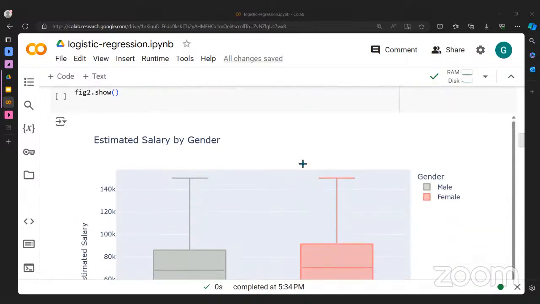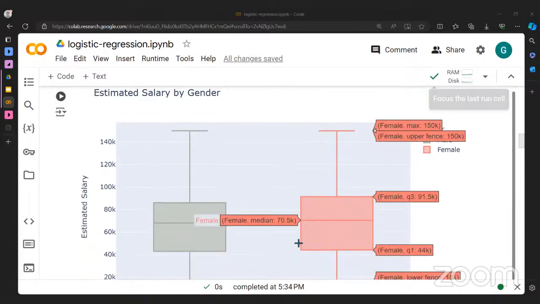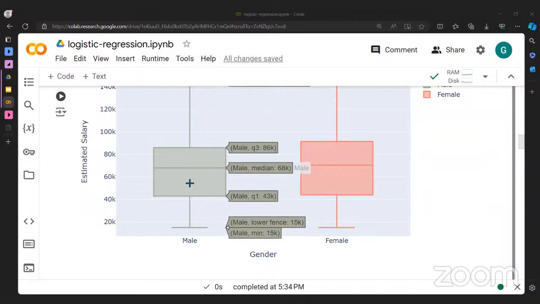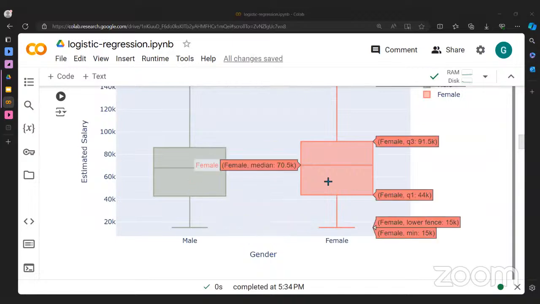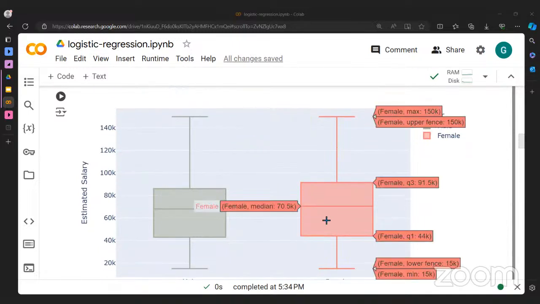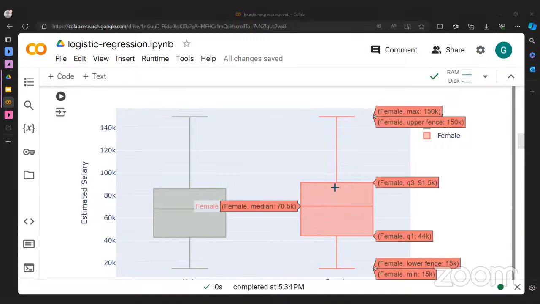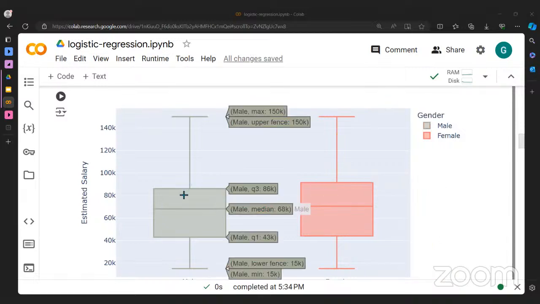We still have another one here. This one is showing us the estimated salary by gender. This is the salary for the male category and this is the salary for the female category. What can we bring out from here? For the female category, the people on the third quarter are actually large compared to this.